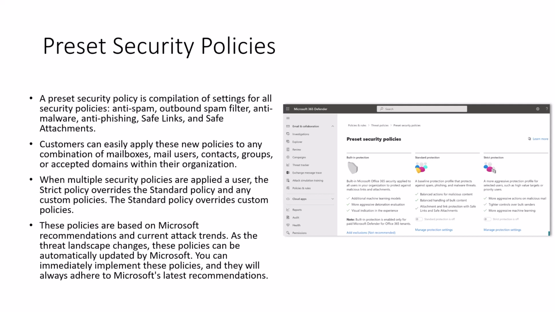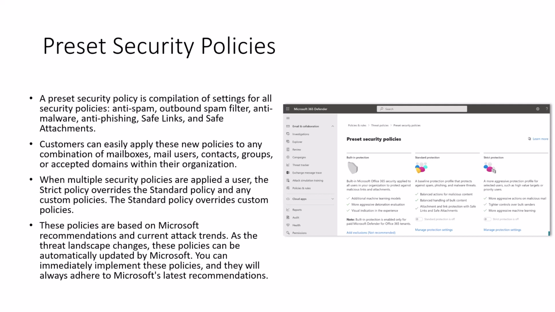So if we go one step back here and have a look at those preset security policies that are available, we have the basic built-in protection policies. But together with that, we have something called standard protection and strict protection as well. And we can combine these as multiple policies within our organization.